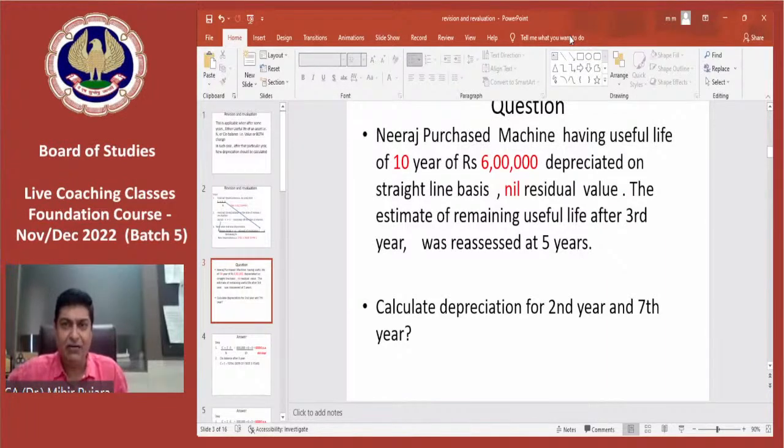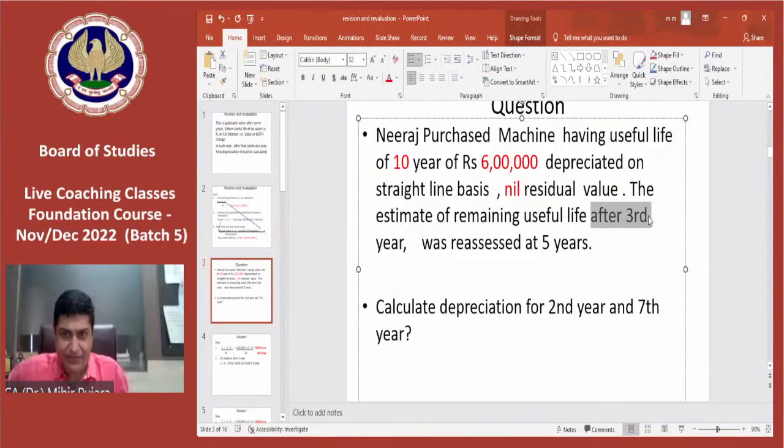Now, the estimate of remaining useful life after the third year is reassessed at 5 years.